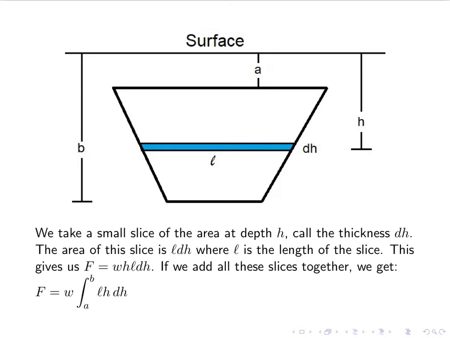And that will give us F equals W h L dh. So again, the W from the density, the h from the depth, and the L dh is that area. And again, what we're going to do is add all those slices together. We're going to let dh go to 0, and that's going to give us the integral. So we have our formula for the force due to a liquid.